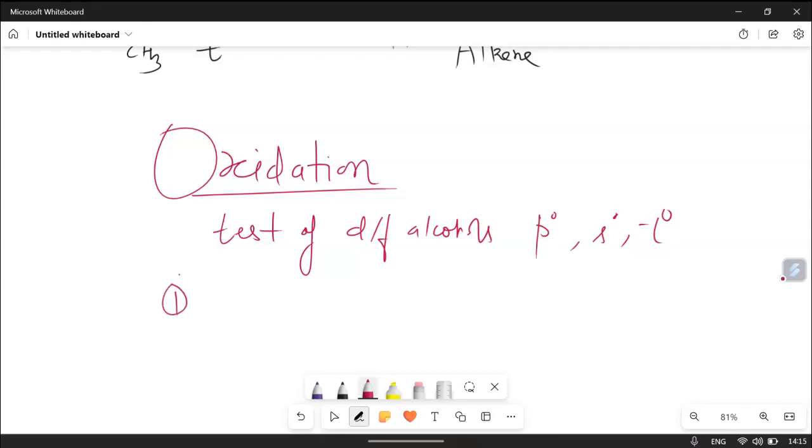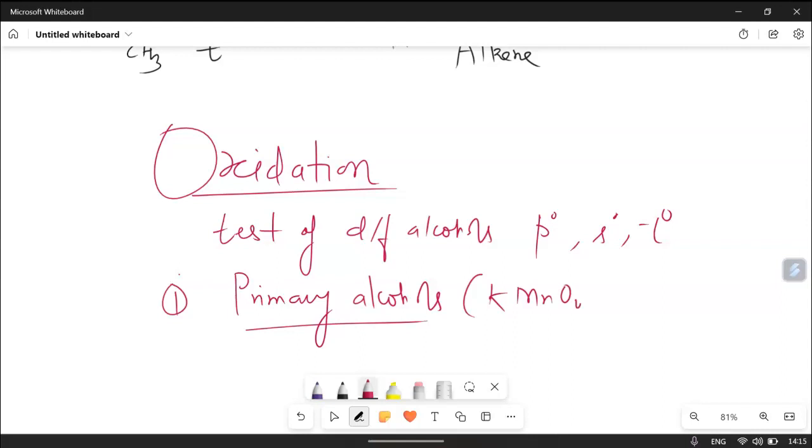Same as we have done last. So primary alcohol, when it reacts with K2Cr2O7 or KMnO4, it will give the same number of carbon atoms in the product.